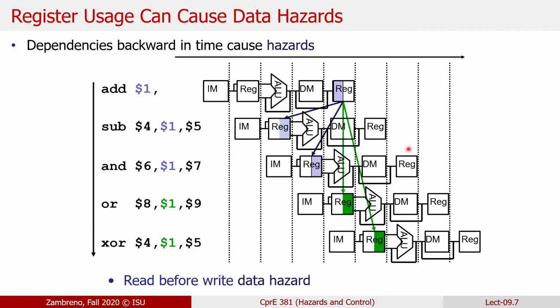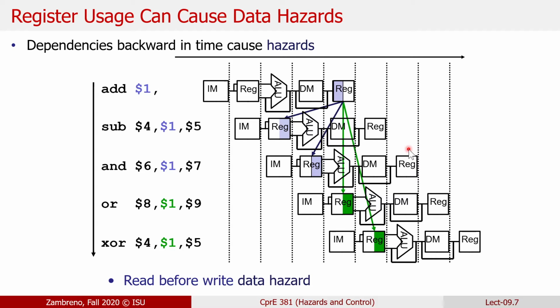It will be a very common and a natural occurrence to have these dependencies between register values in our instructions. Dependencies meaning the value in a subsequent instruction depends on a value produced in a previous instruction. That's what I mean by dependency. They depend upon each other.